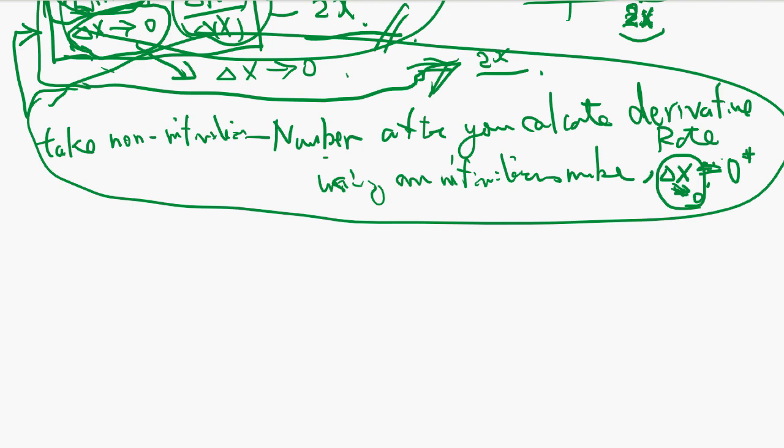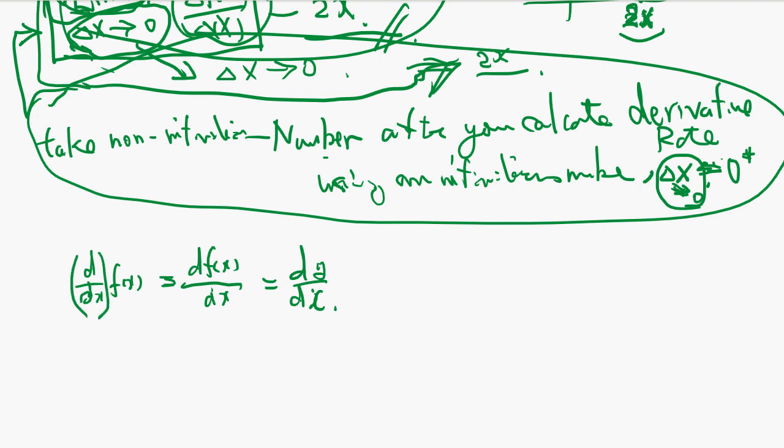Okay, so then what is this nonsense? What are those dx, dy and stuff? Okay, don't get confused. Okay, d over dx is just another way to say this is f prime.